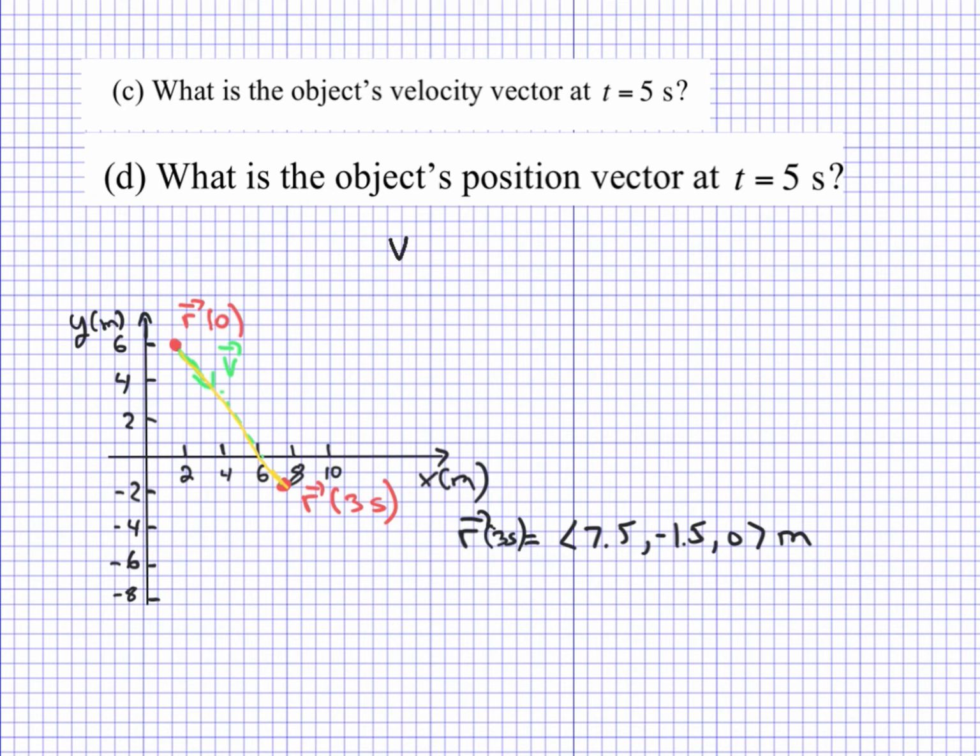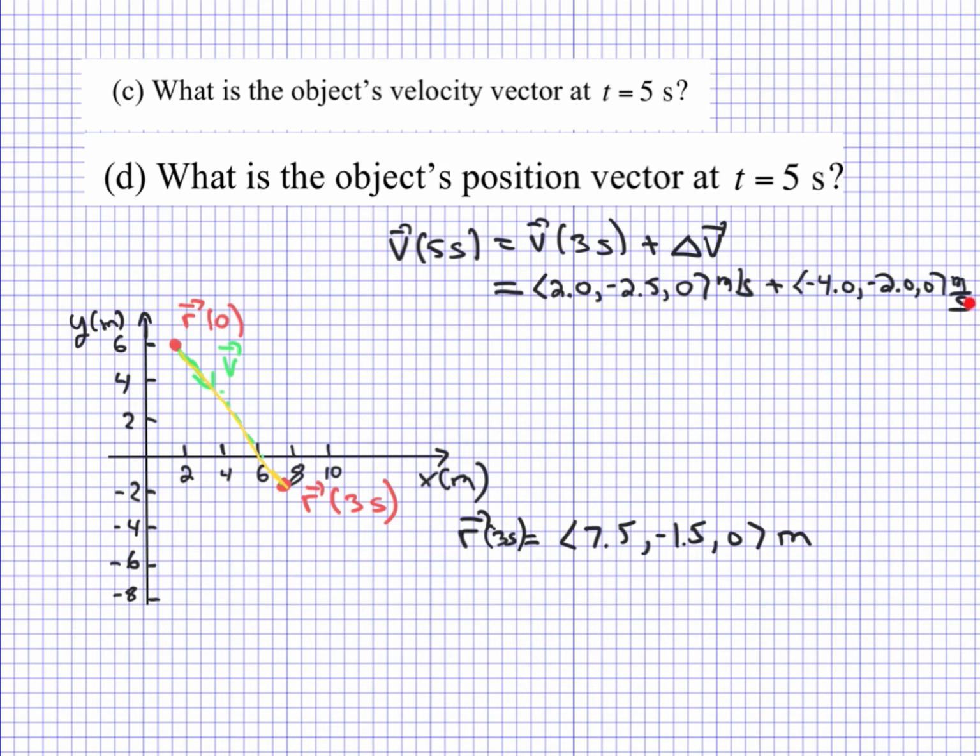So the velocity at 5 seconds is going to be equal to the velocity that it had at 3 seconds plus the change in velocity that we just calculated. So plugging in numerical values here, this was the velocity during the first 3 seconds of the motion.